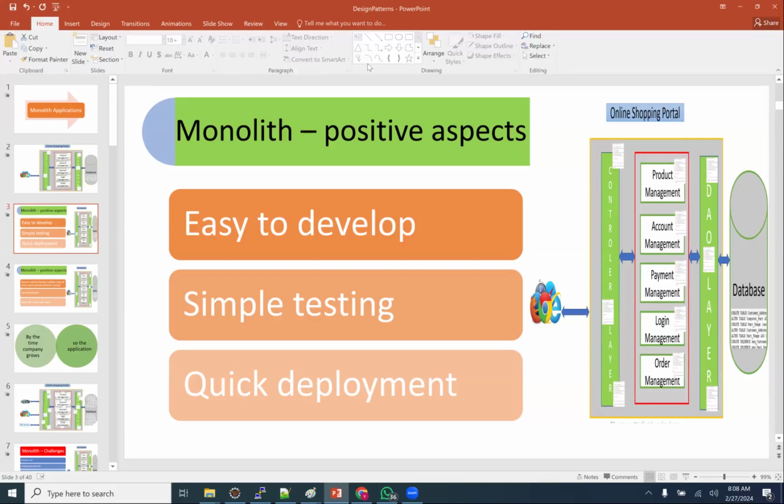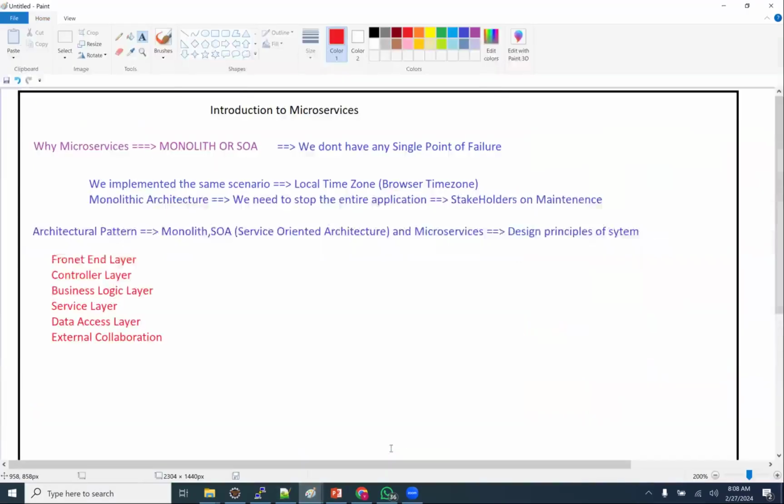Sir, before I wrap up, a small question. Single point of failure means if I have 10 services and 1 or 2 services go down, my whole application will not be affected; I can manage with 8 services. No, it is not like that.